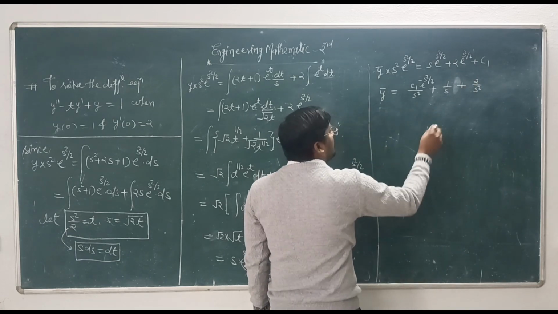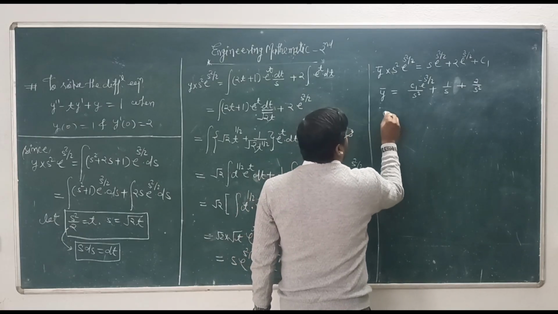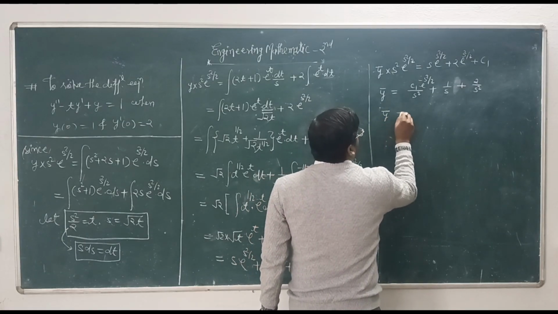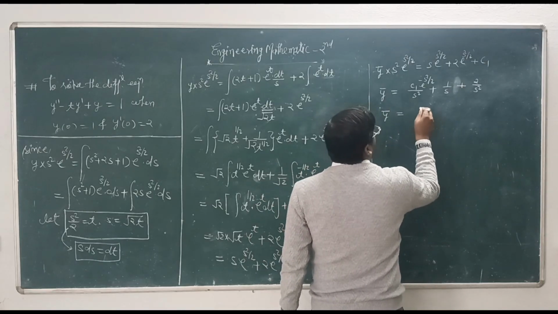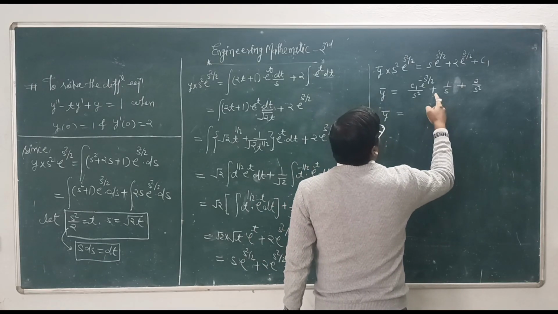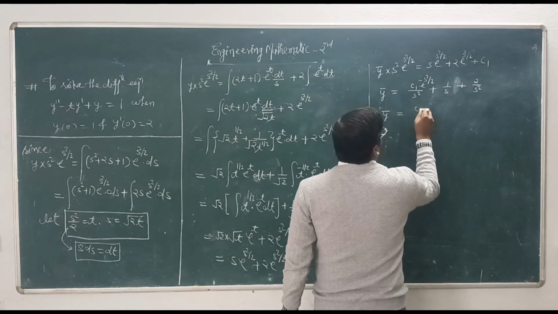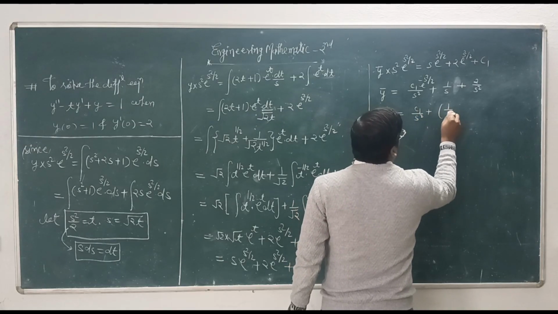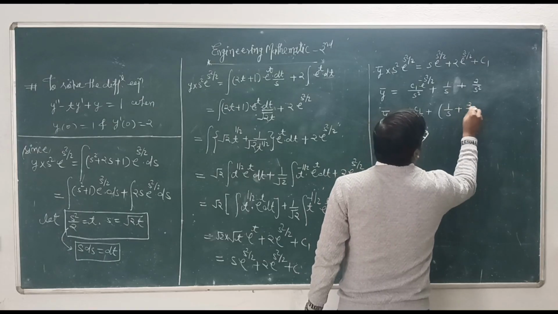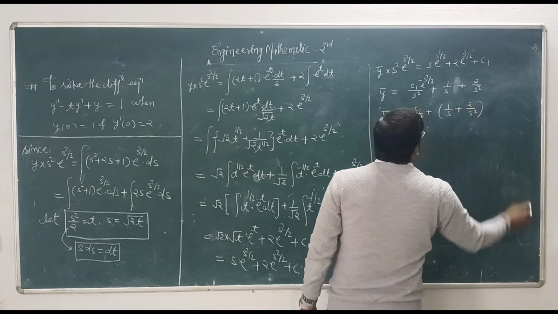Now you can write y bar is equal to C1 upon s square plus 1 upon s plus 2 upon s square.